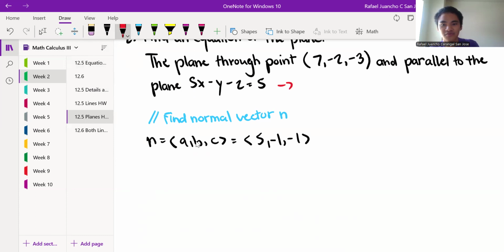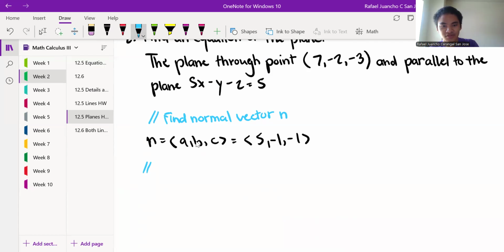This is that same formula with ax plus by plus cz plus d equals 0, the same formula we derived in our previous video. So that's our normal vector.